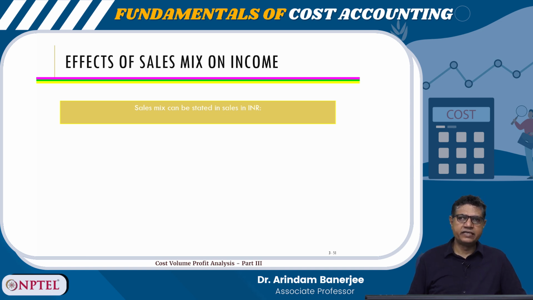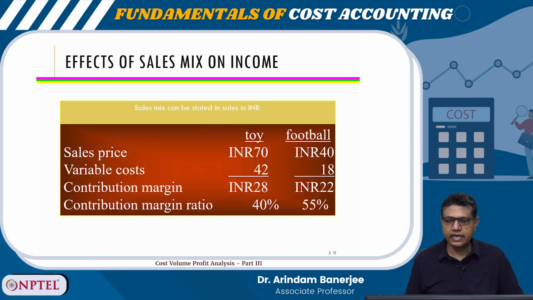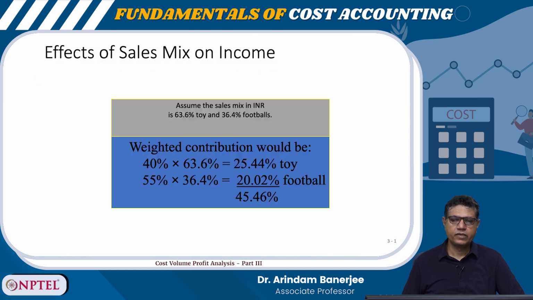If the sales mix is stated in sales rupees, it will look like this. For the toy, the sale price is 70, and for the football, the sale price is rupees 40. Variable cost is 42 and 18 respectively. So, contribution is 28 and 22, and the contribution margin ratio is 40% and 55%.